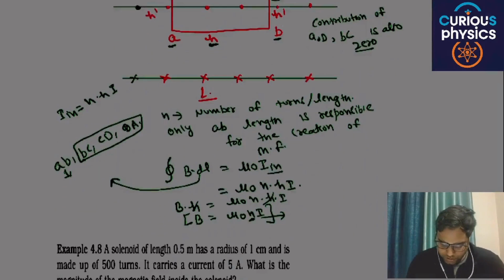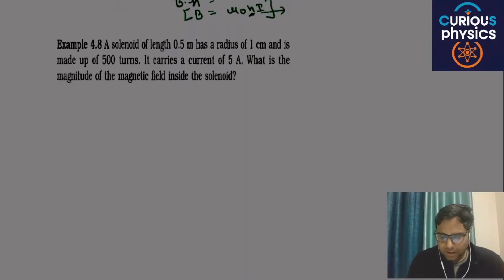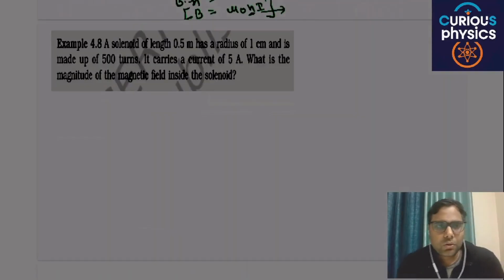Okay, the next question is related to this particular formula which we have derived. A solenoid of length 0.5 meter has a radius of 1 centimeter and is made up of 500 turns. It carries a current of 5 ampere. What is the magnitude of the magnetic field inside the solenoid?